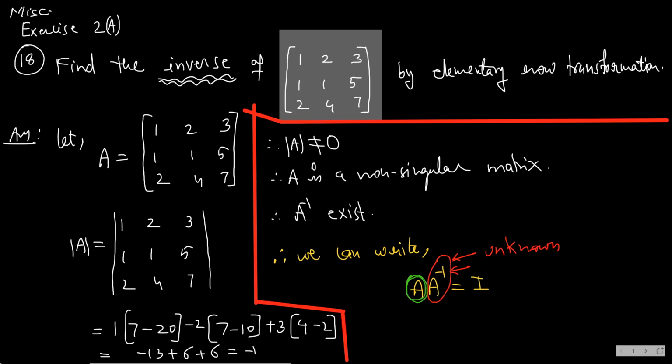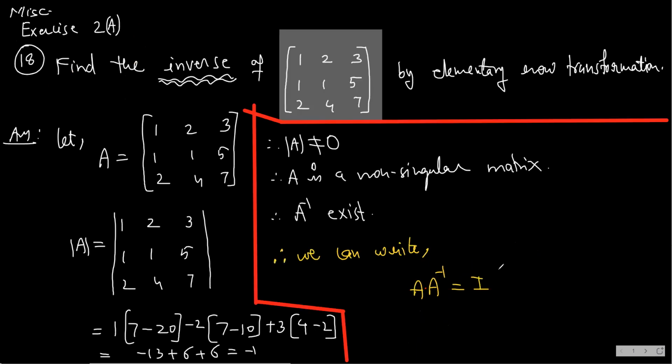Okay, so now I will go ahead. See here, so we wrote A into A inverse as I. In the next step, see students what I write. Therefore you write what A is. A is 1, 2, 3, 1, 1, 5, 2, 4, 7.